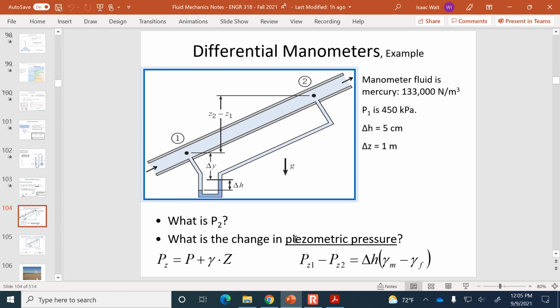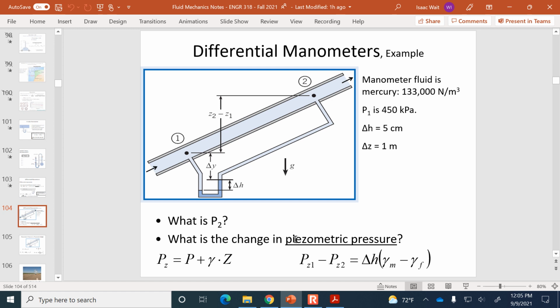And then the difference between the manometer fluid and the fluid that's flowing through the pipe. So 133,000 newtons per meter cubed minus 9810 newtons per meter cubed. So the delta P sub z is 6159.5 pascals.